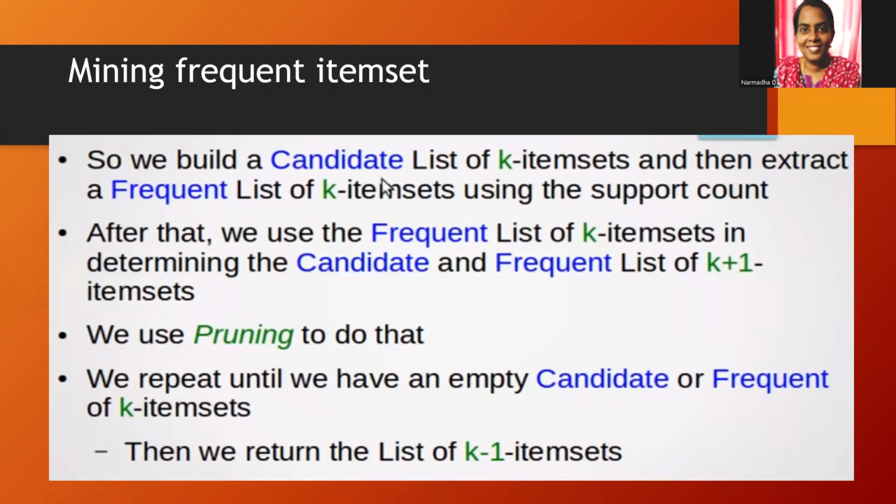Once we repeatedly generate the frequent item sets from frequent to candidate, we keep repeating until we are left with an empty candidate or frequent set of k-item sets.